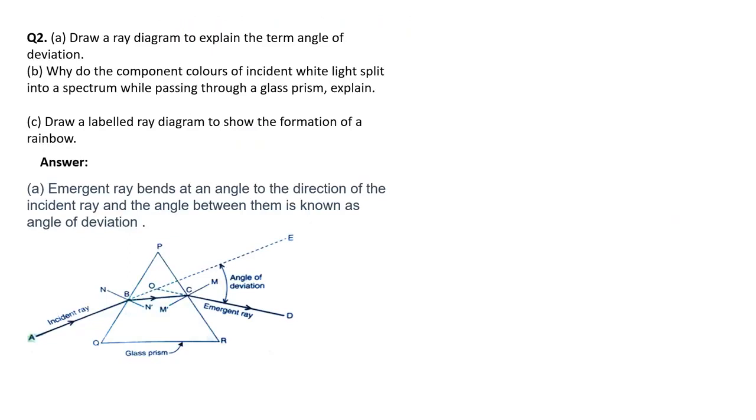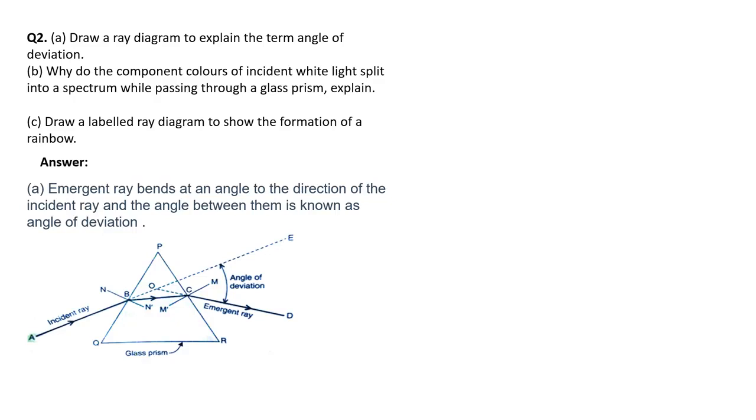Now question number 2: draw a ray diagram to explain the term angle of deviation. As we can see in the diagram, the angle of deviation is the angle between the incident ray when produced forward and the emergent ray when produced backward.